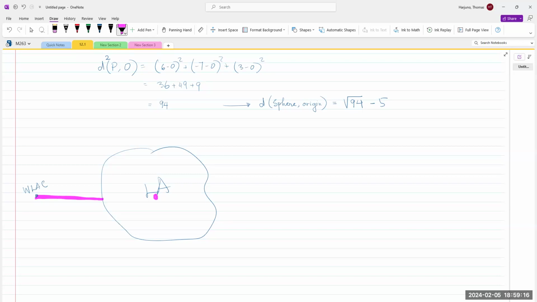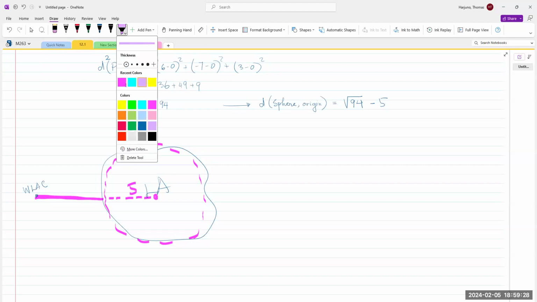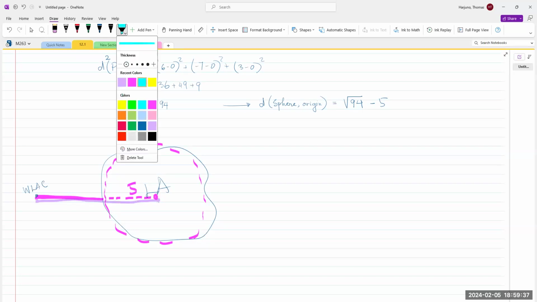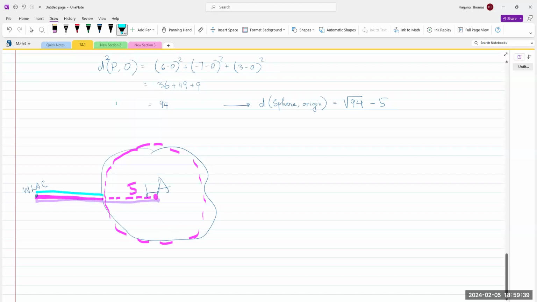Okay, what we did earlier, because it is a sphere, the distance from the center to any point on that sphere is the same distance, 5. So if I know the distance from this point to the center, subtracted by 5, I will get the distance from the origin to the skin.